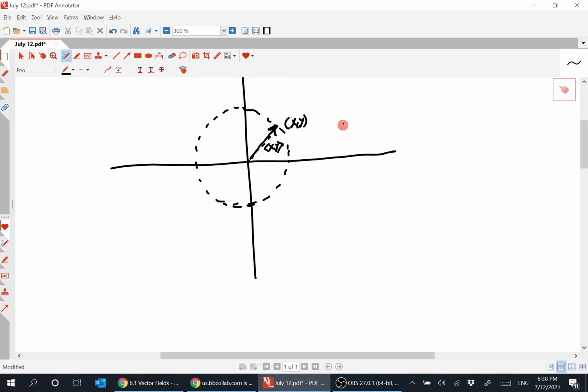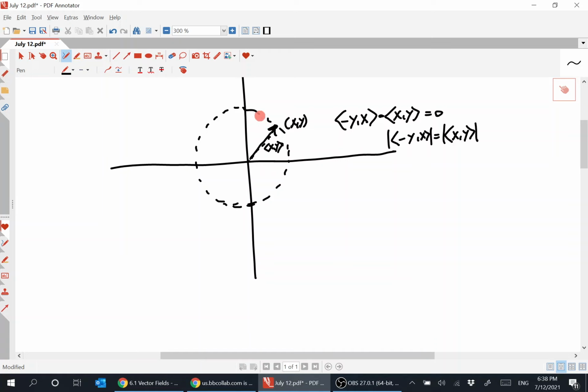So the vector minus y, x, its dot product with x, y is 0. And of course it's the same length. The length is just the radius from the origin. And it's perpendicular to the vector x, y.